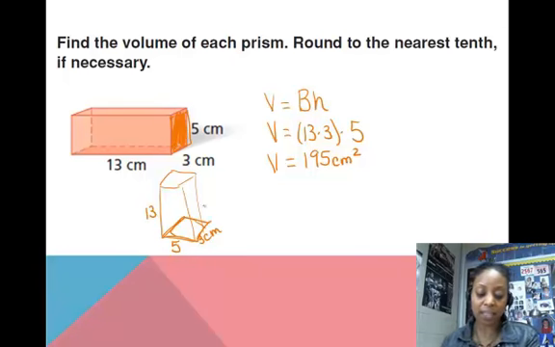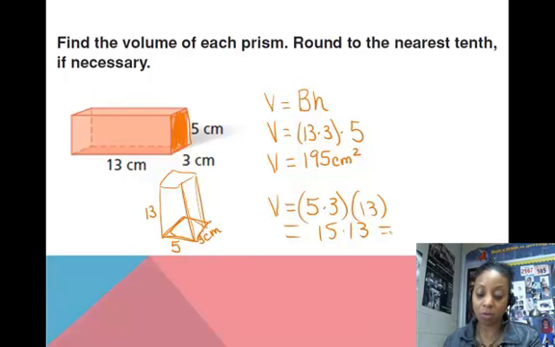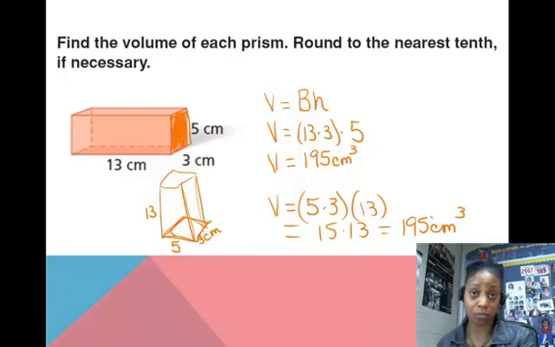If you were to find the volume of this prism, it should hold the exact same amount. So volume would be the area of the base. In this case, the base would be 5 times 3, and then times the height, which is 13, and you'll see you get 15 times 13, which is also 195 square centimeters. Oh, cubic centimeters, my bad. We're talking about volume. Centimeters times centimeters times centimeters is centimeters cubed.